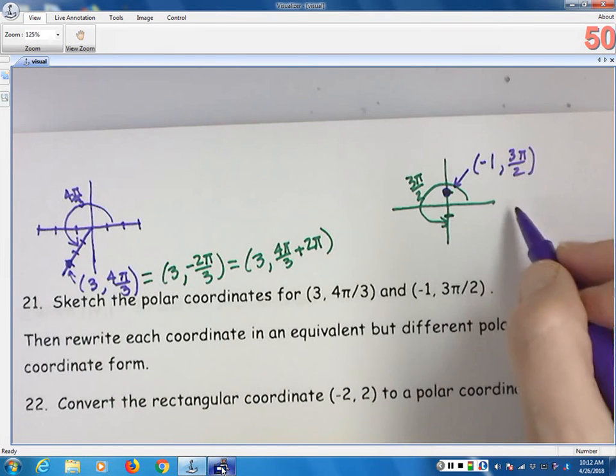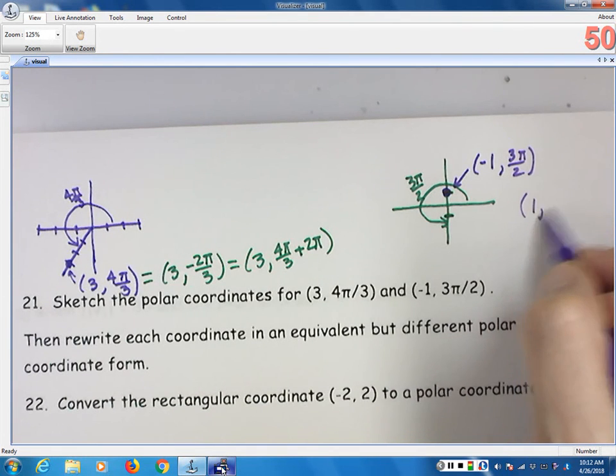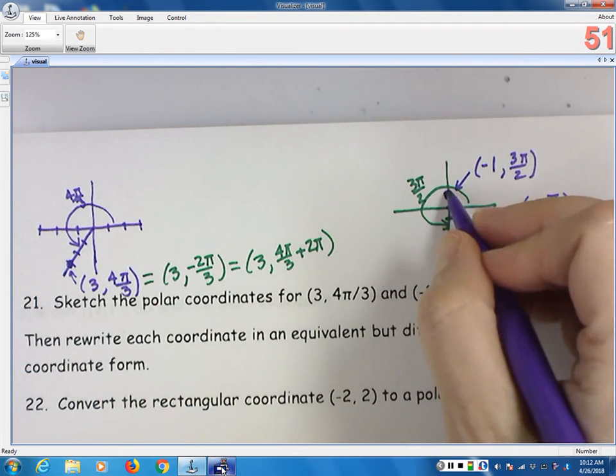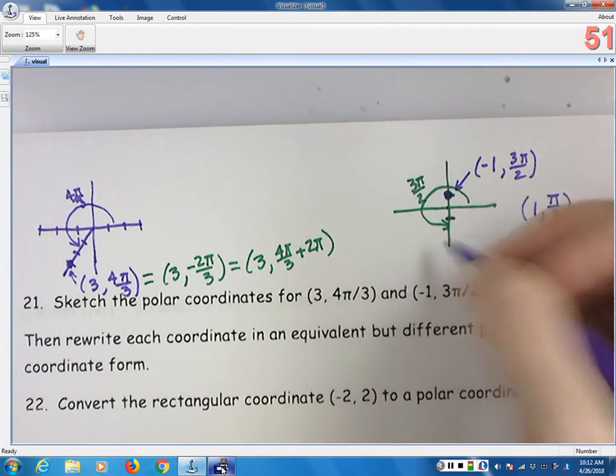So to write that as a positive, you could write 1, pi over 2. That's it. So you go by the angle, and if it's a negative R, you start at the pole and go in the negative direction, opposite that angle.